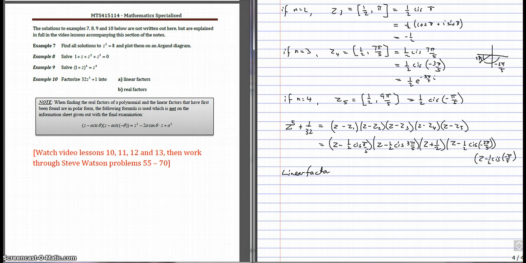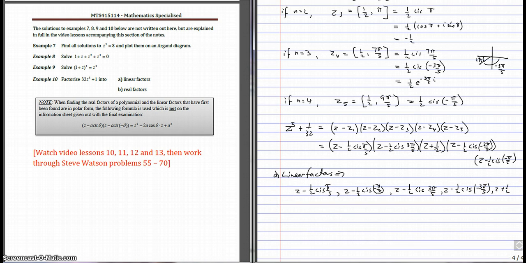So the linear factors, as the first part of the question's asking, is z minus a half cis pi on 5, z minus a half cis negative pi on 5, z minus a half cis 3 pi on 5, z minus a half cis negative 3 pi on 5, and z plus a half. So they're the linear factors.